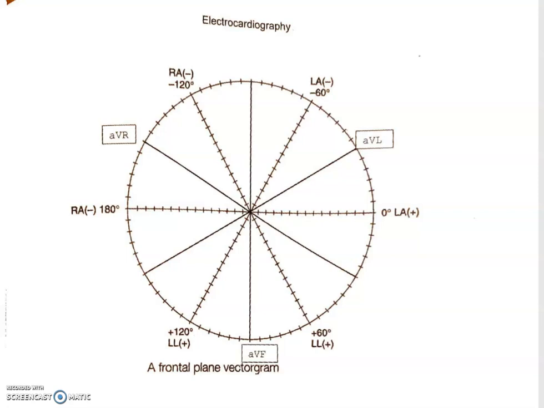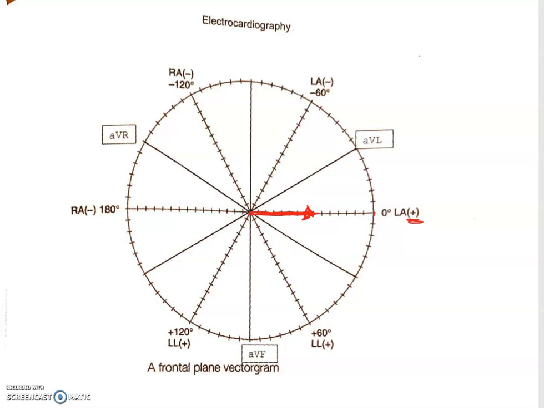And so we were in the positive, so this would be lead 1 in the positive. And if the radius from here to here is 1 millivolt, we were just under half. So the mean magnitude for lead 1 would be approximately to here, so 0.4, something like that.